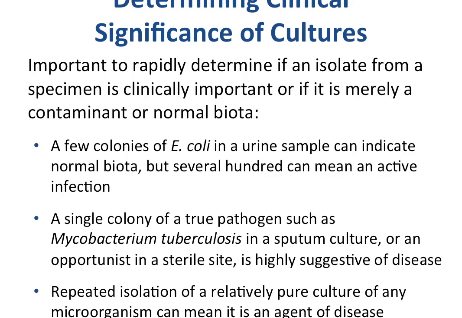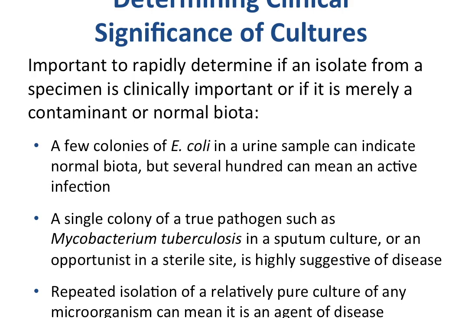That could be contamination of the E. coli. But if the E. coli colony numbers are enormous, maybe hundreds, thousands of colonies of E. coli, that could not be contamination. That should be infection. That could be the urinary tract infection. So this is one case.